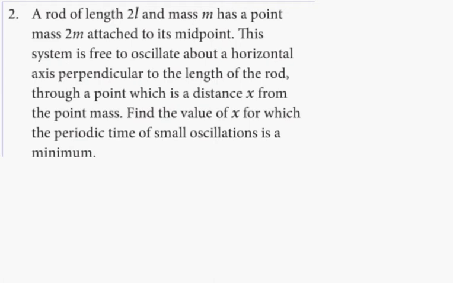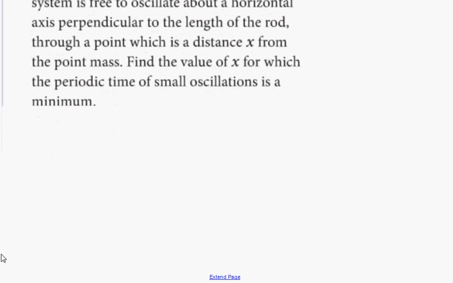So what we can say here is that, question 2. So we have a rod. This is the rod. It's off center C. On the center C, there's also a point mass here.